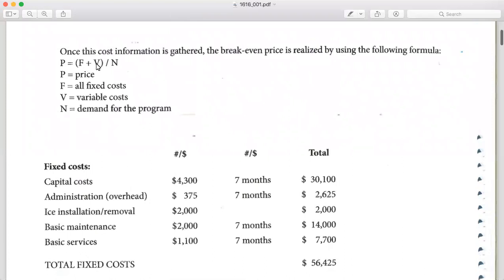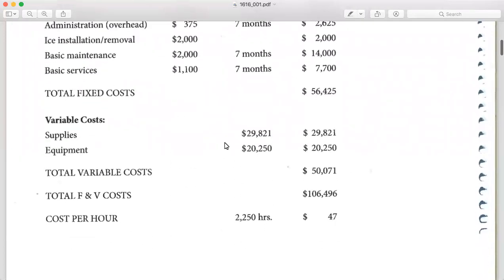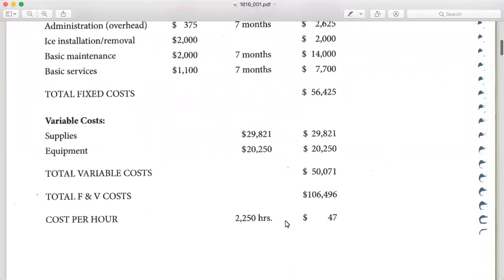So that would be F plus V is $106,000. And then the cost per hour is 22. This is the demand. And that equals $47 per hour is what it costs, that's your break-even price, if you will.